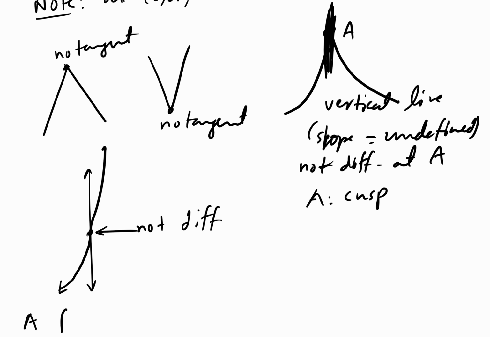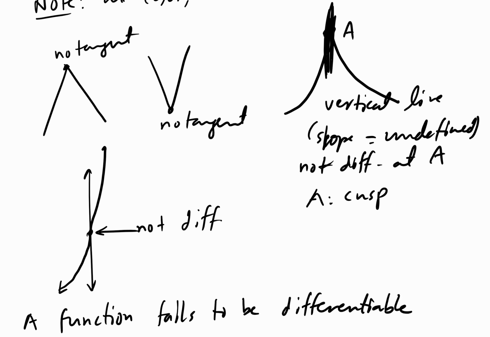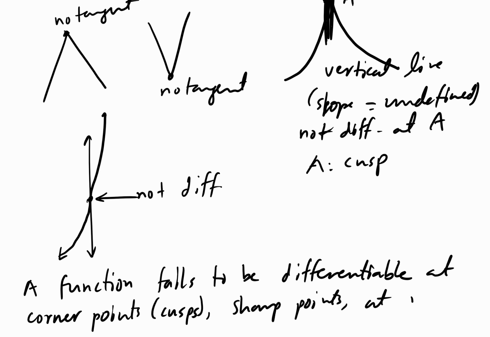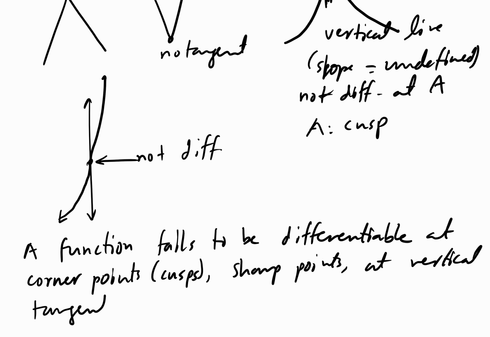So we can write: a function fails to be differentiable at corner points or cusps, sharp points, at vertical tangents, and at points of discontinuity.